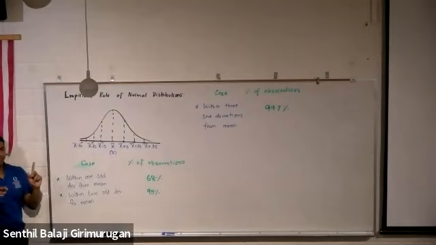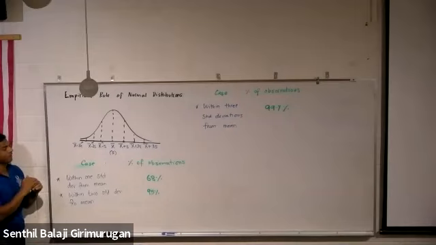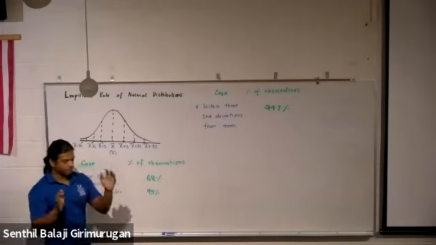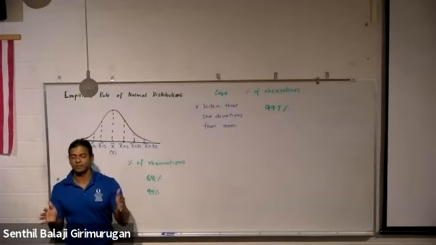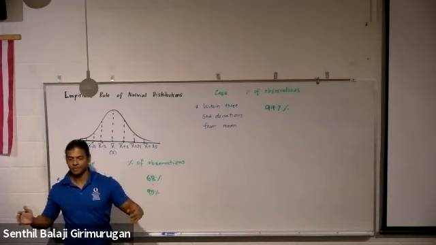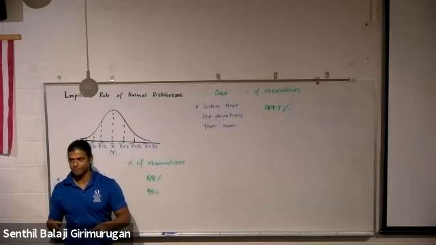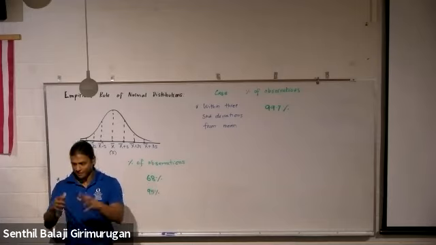Last time we looked at Chebyshev's theorem, and the theorem stated that k cannot be equal to 1. k is the number of standard deviations we're going to take. So what percent of observations will lie within k standard deviations from the mean, according to the theorem? You can look at the notes.